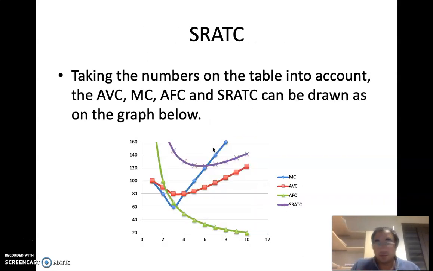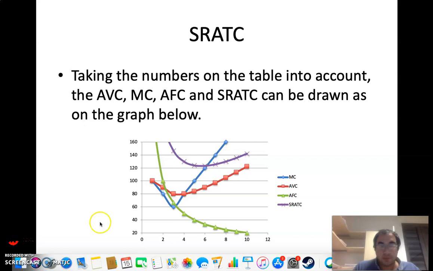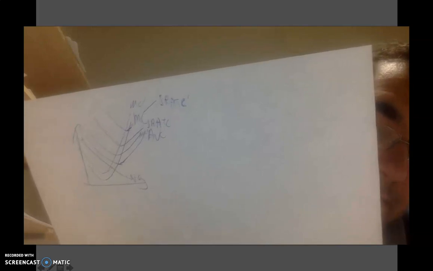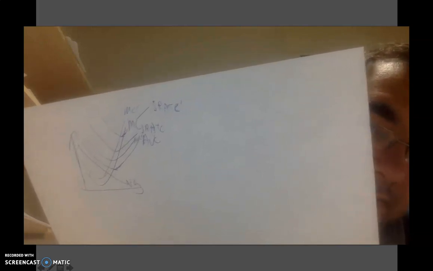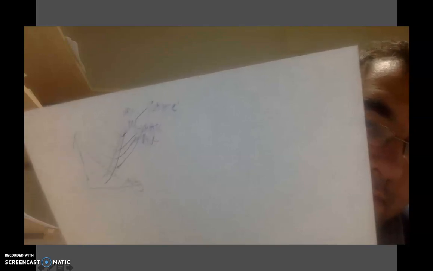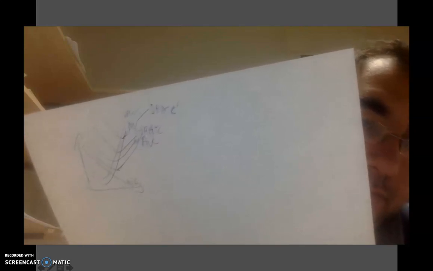I can also draw it for you. Let me show you. It can be a little bit strange, but you can see that the ones with the dots are the new ones. Both marginal cost, average variable cost, and short-run average total cost curves move up.